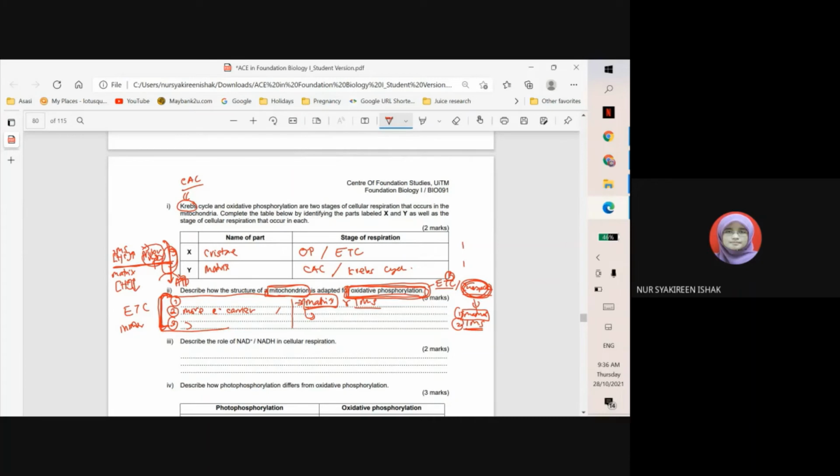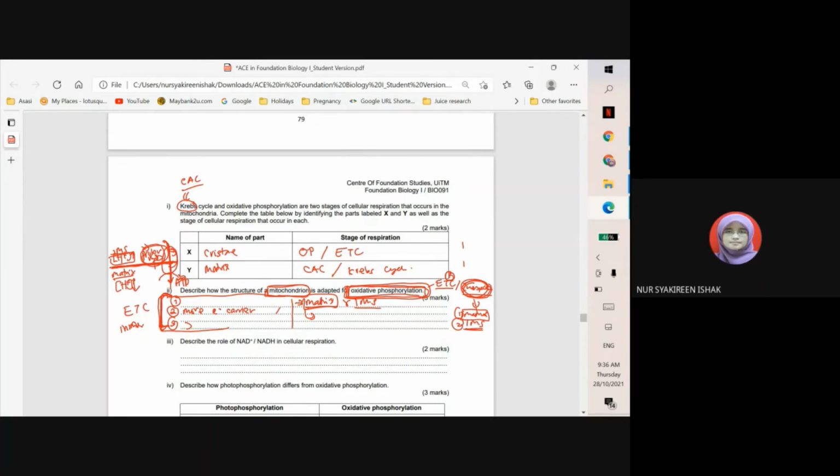So that is another function of inner membrane: to allow the separation of matrix and intermembrane space to make sure it can create an electrochemical gradient that generates proton motive force, which is a form of energy to synthesize ATP molecules using ATP synthase. Itulah dia.